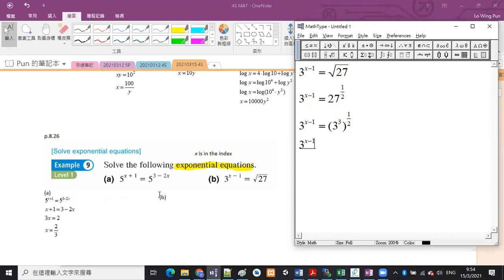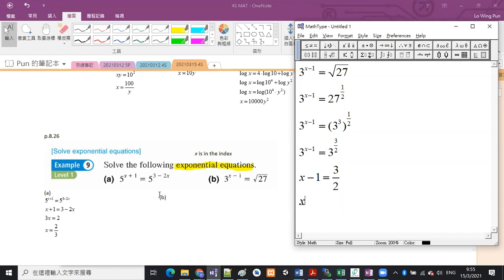and then left-hand side is no change, and then we just use the laws of index to multiply the indexes together. So that should be 3 to the power 3 over 2, and now both sides are just one number with the same base. Okay, base 3. Then we may just write down their indexes to be equal, like this.